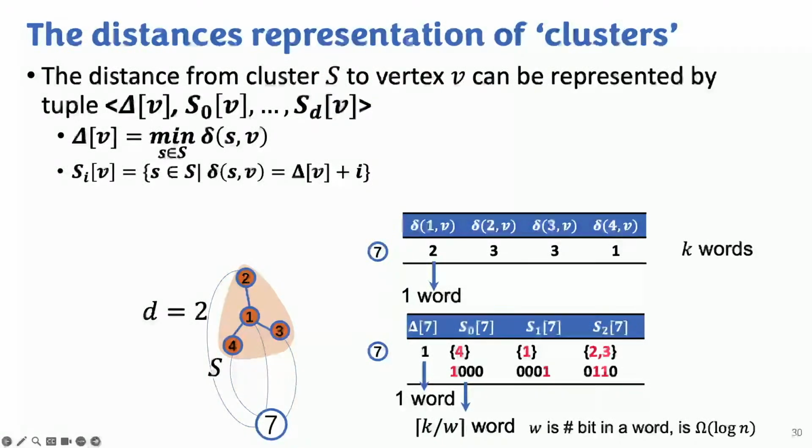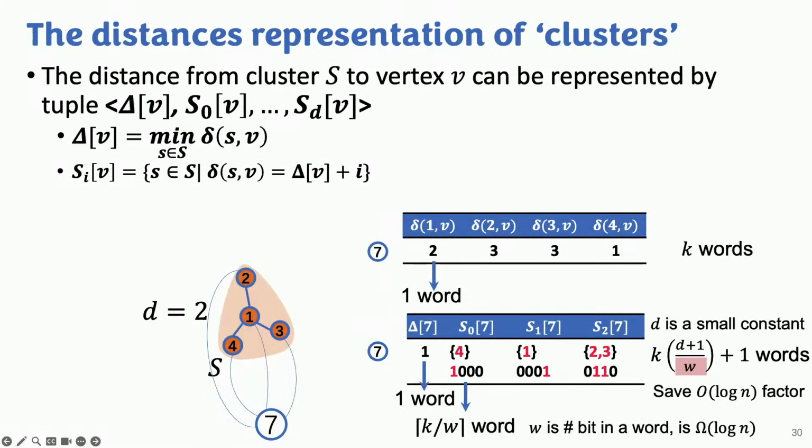The normal way takes k words to store the distances to all k sources, and the bit compression way takes these words. Note that in reality, d is usually a very small constant, such as 2, and w is omega of log n. This means we can roughly save space by a log n factor.